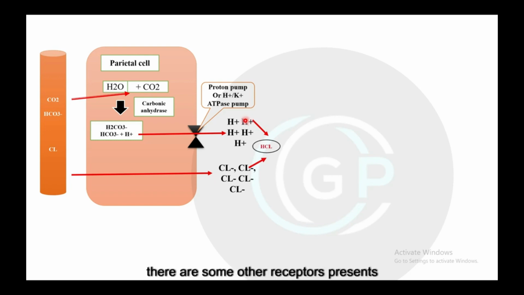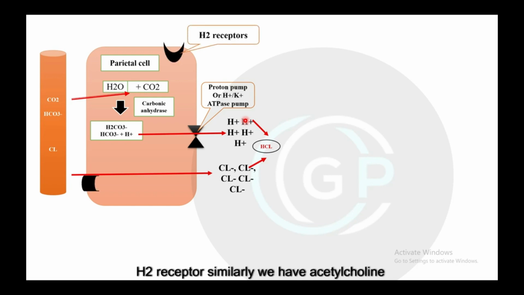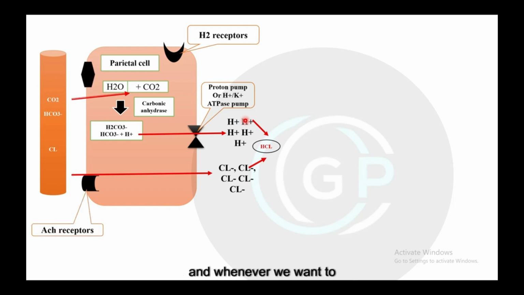Similarly, there are some other receptors present in the parietal cell, like the H2 receptor, the acetylcholine receptor, and the gastrin receptor. Whenever we want to control the secretion of HCl from the parietal cell, we will target to block this pump. Whenever this pump gets blocked, the hydrogen ion cannot come out from this pump.